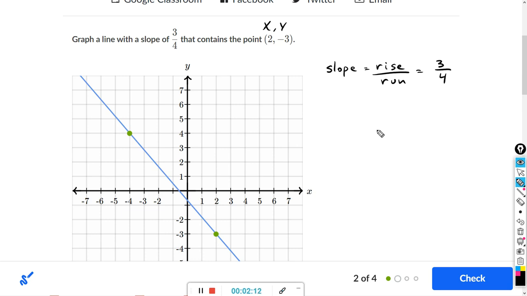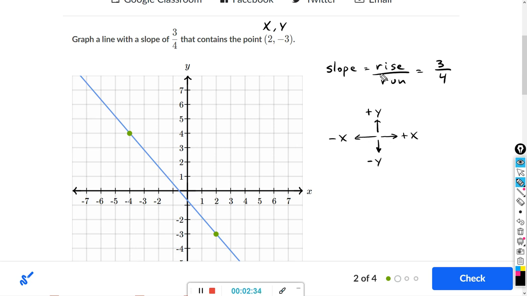Okay, so remember that up is the positive y direction and down is the negative y direction. Right is the positive x direction and left is the negative x direction.